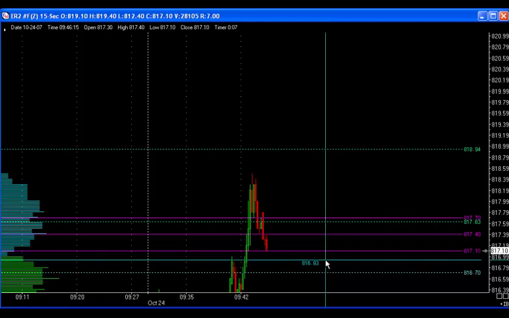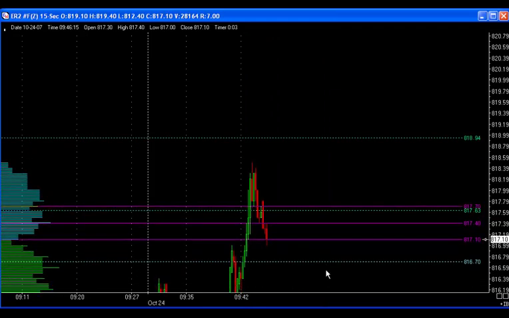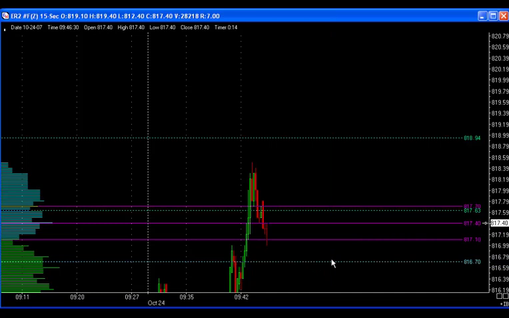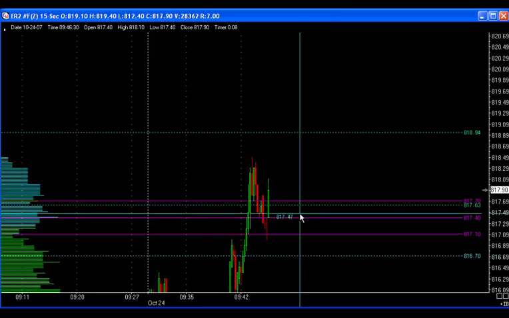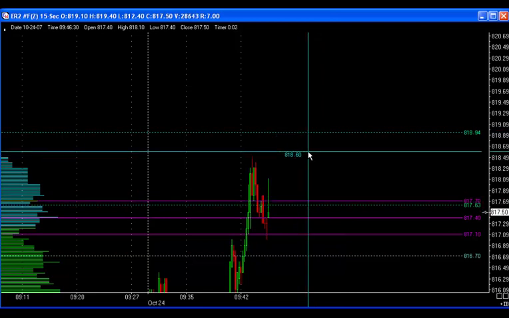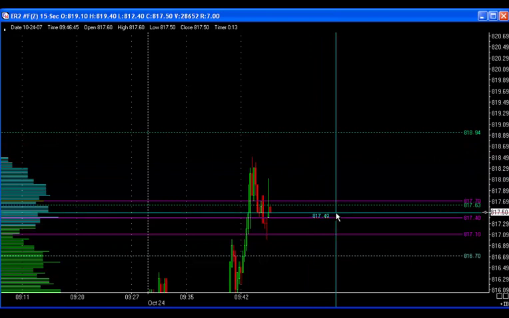A number of HUPs in this region. So price action tends to stall there. But at some point it's going to have to move out. And the most probable direction would be above these first standard deviations.